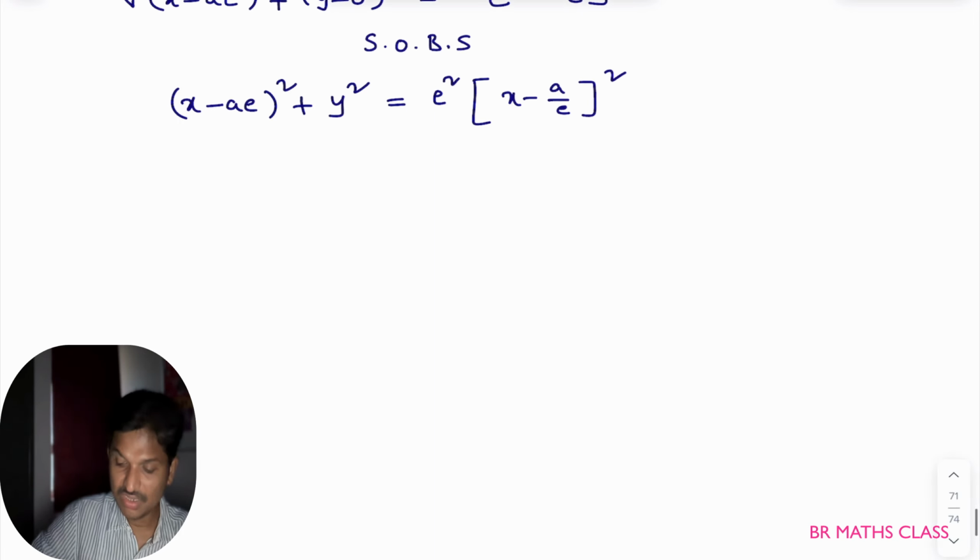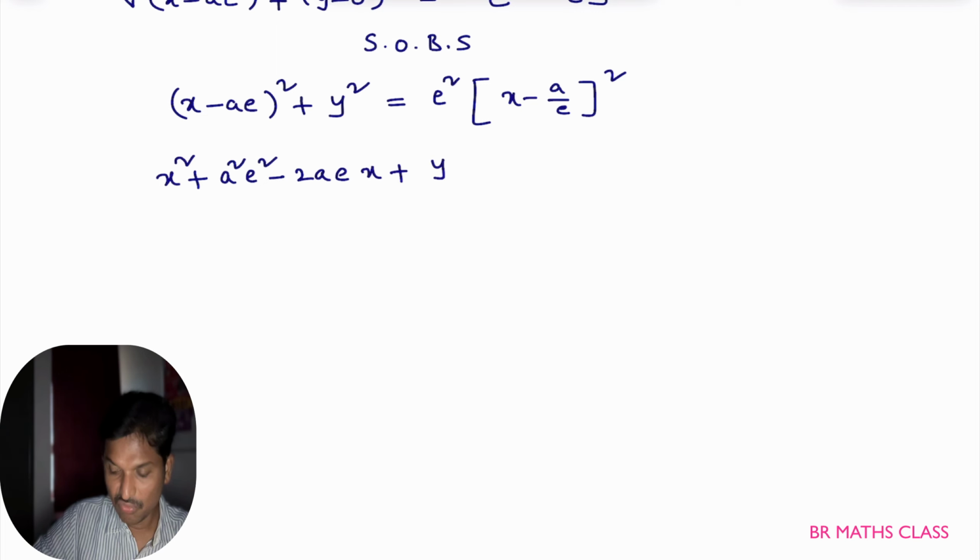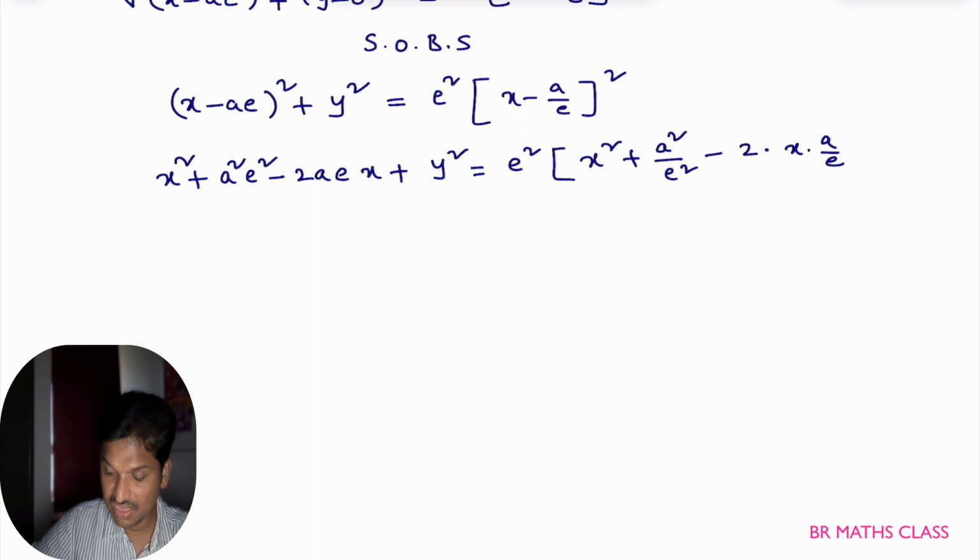Further, you simplify this, expand this: x square plus a square e square minus 2aex plus y square equals e square times x square plus a square by e square minus 2 times x into a by e.